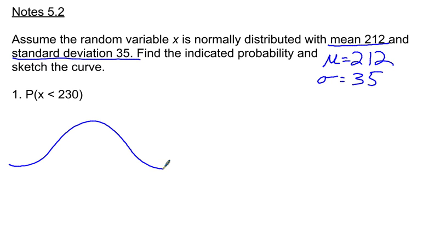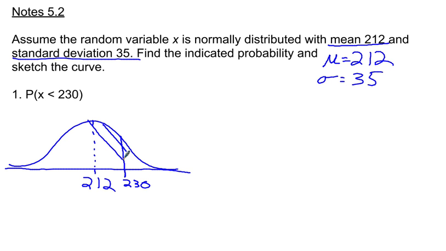This time when I sketch my normal distribution, my mean is not 0. My mean is 212, as given to us in the problem. Now our standard deviation is 35, so 230 is going to be within one standard deviation. I'm going to estimate that it's about here. We want the probability that x is less than 230, so we're looking at the area to the left.